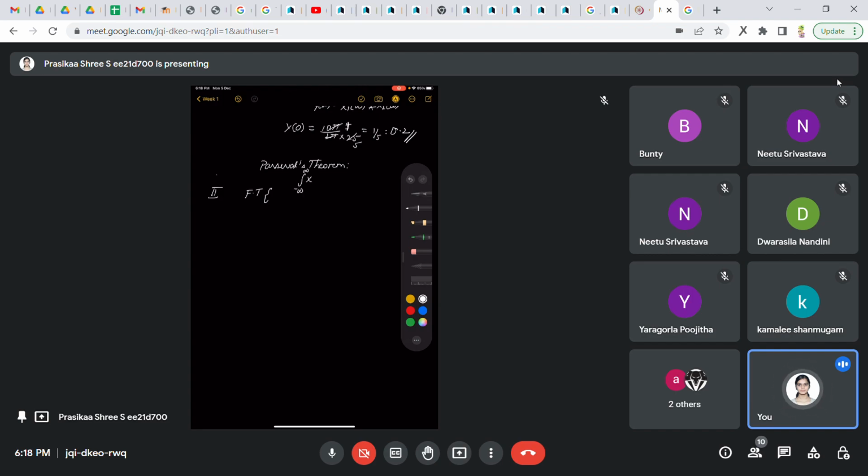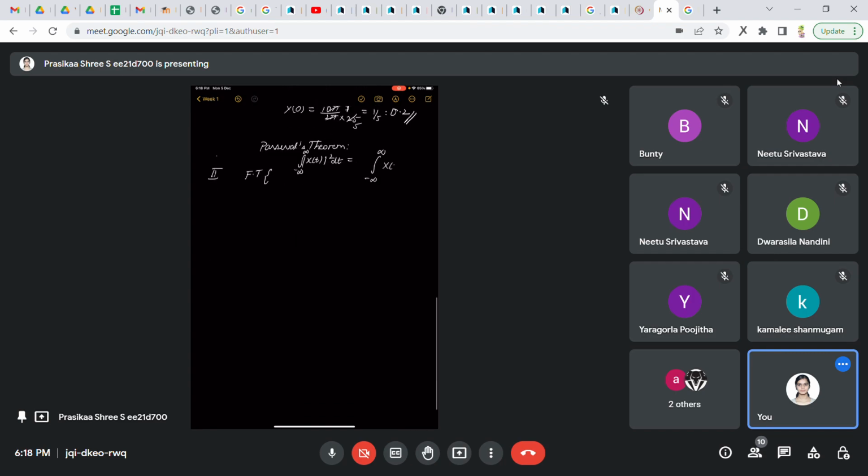The integral from minus infinity to infinity of x of t the whole square dt is equal to 1 by 2 pi times the integral of x of omega the whole square d omega.